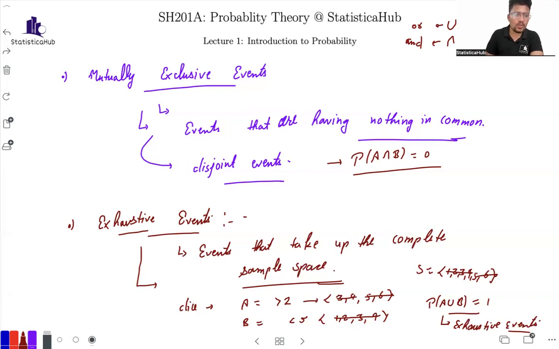Now there is one more concept that is known as partition, technically the partition of sample space. How do we go for the partition? Say someone is living in a joint family, and my family breaks into two nuclear families.